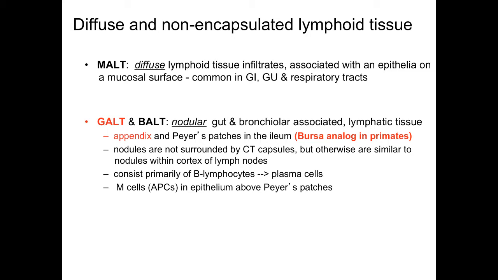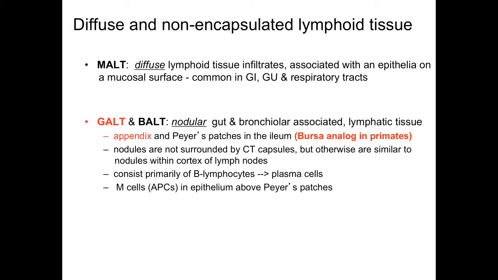So you need to be careful not to confuse the lymph nodules in the other organs in the body with lymph nodes. Lymph nodes are surrounded by a connective tissue capsule. The lymph nodules that you find in the gut and the respiratory tracts are not surrounded by a capsule.